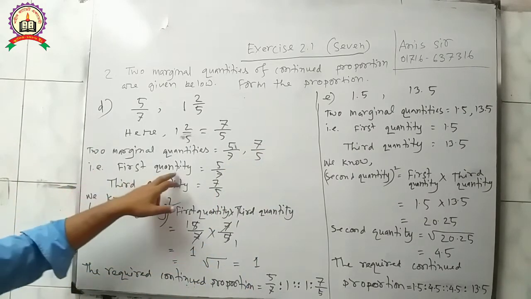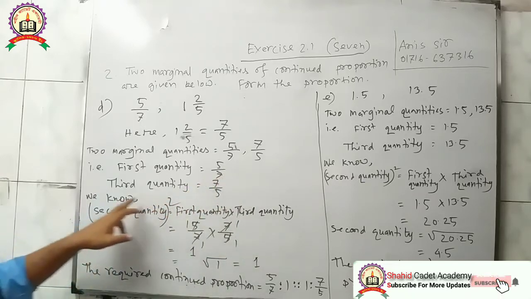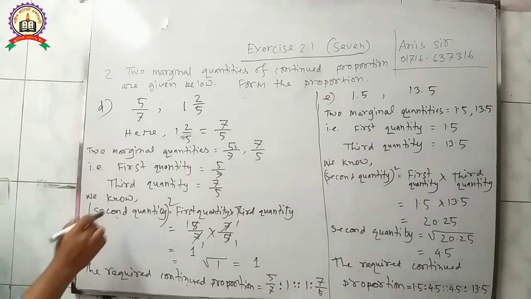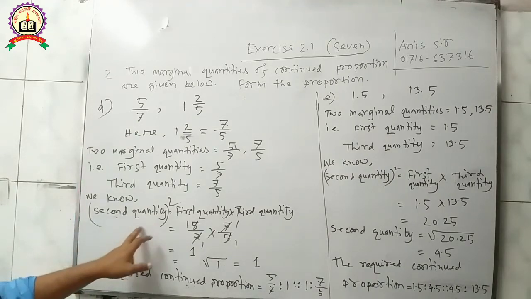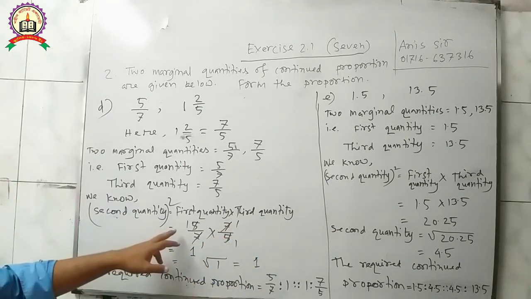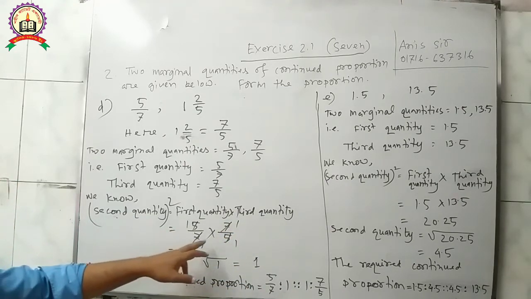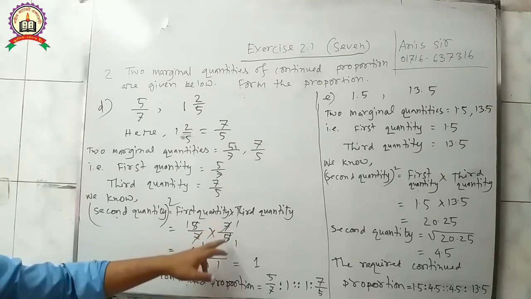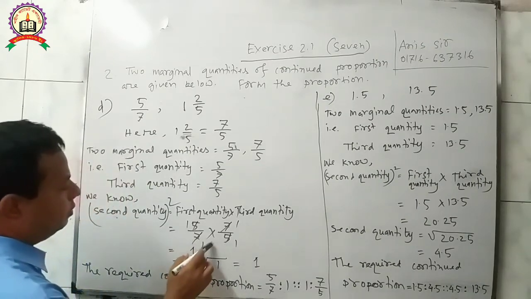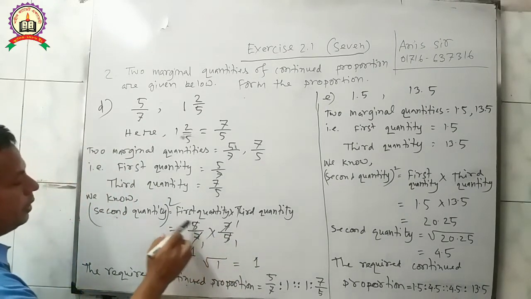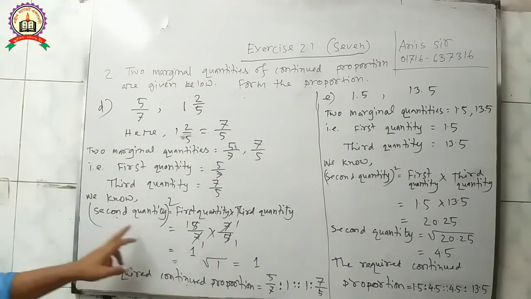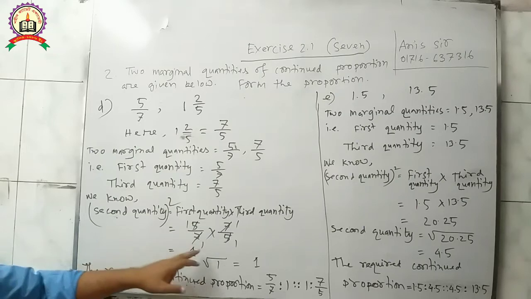That is first quantity 5 by 7 and third quantity 7 by 5. We know second quantity square equal to first quantity into third quantity. First quantity 5 by 7 into third quantity 7 by 5. 7 divided by 7, 1 and 5 divided by 5, 1 and 1. So the result will be 1. So second quantity square equal to 1.